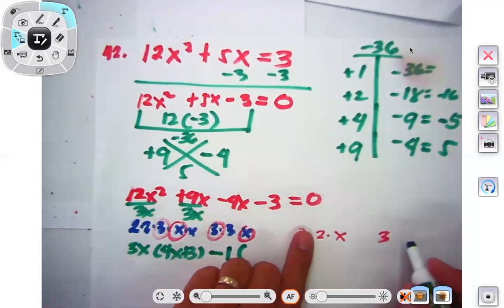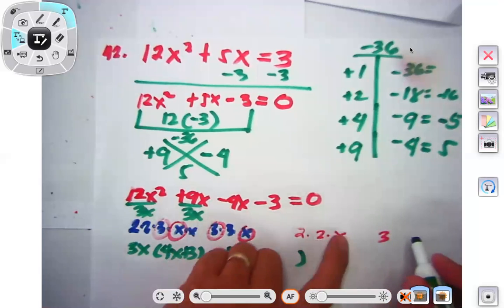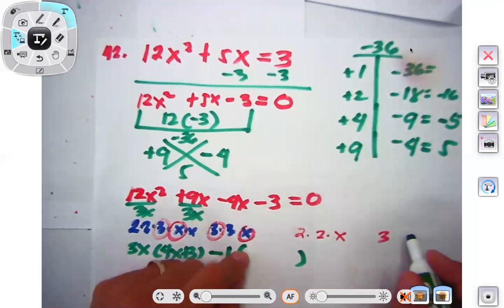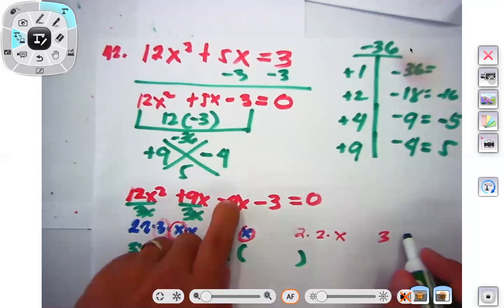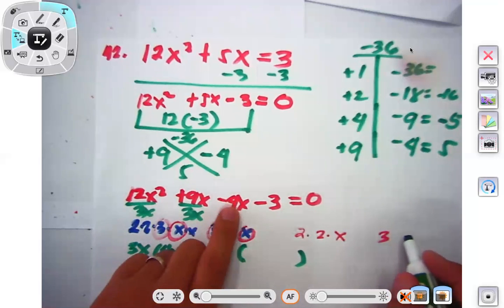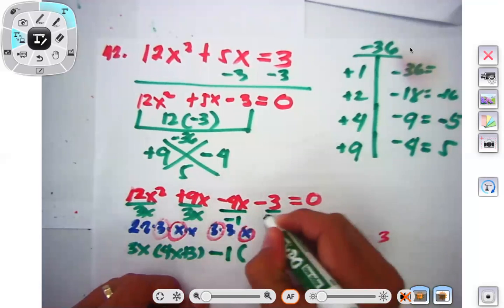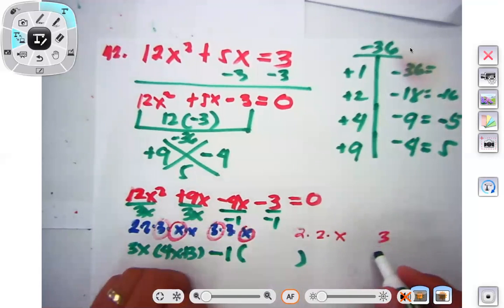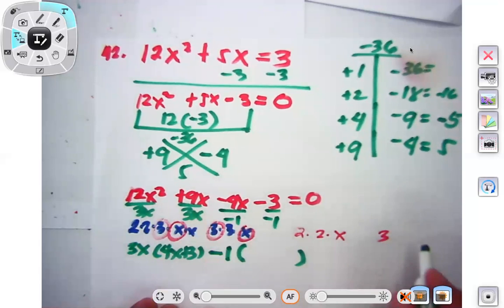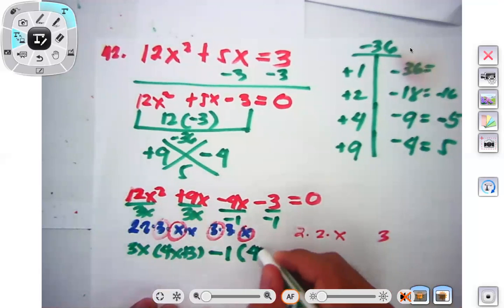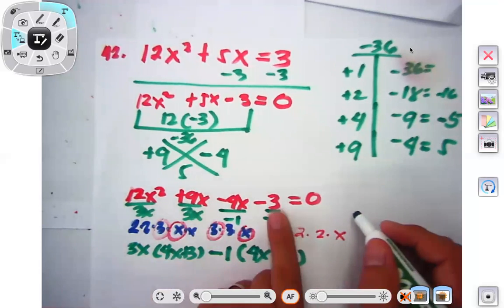If you don't have a GCF, there's no common factor here. You put 1 if it's positive, negative 1 if it is negative. So you carry the sign of this term. So we divide by negative 1. Negative 4x divided by negative 1 is 4x. Negative 3 divided by negative 1 is 3.